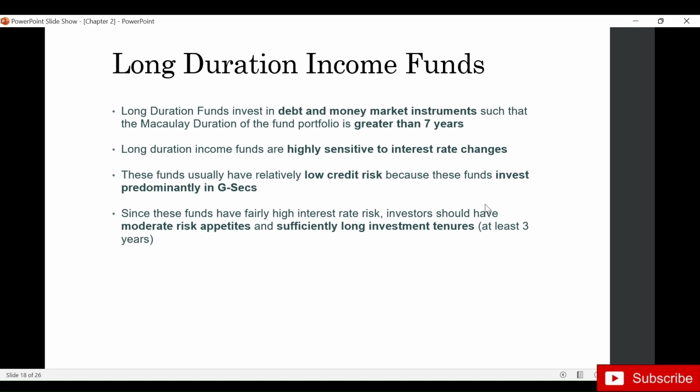But these funds have a low credit risk because they are investing primarily in government securities. Because these funds have high interest rate risk, only investors who have a moderate risk appetite and want to invest for at least 3 years should consider investing in long duration income funds.